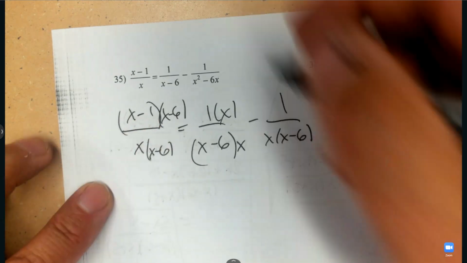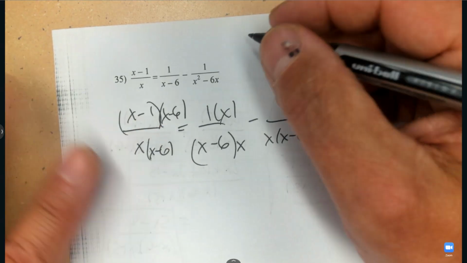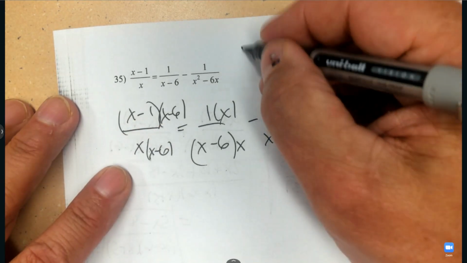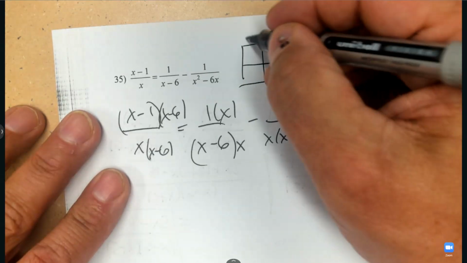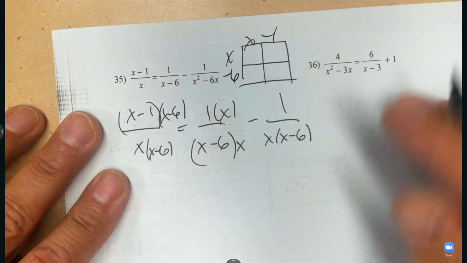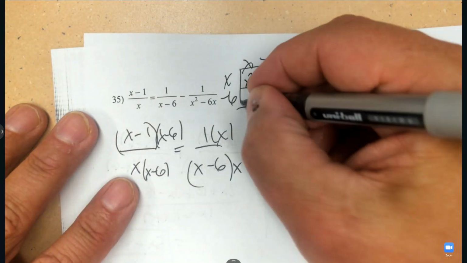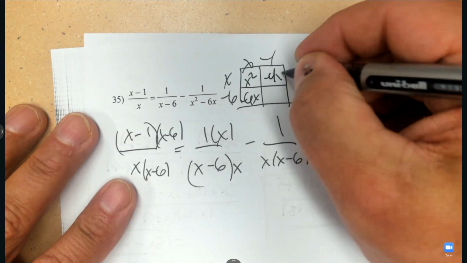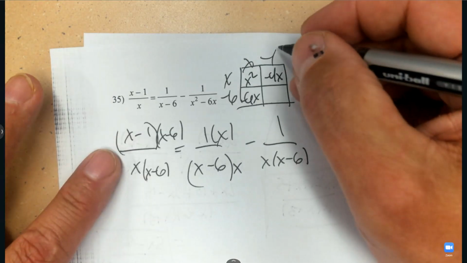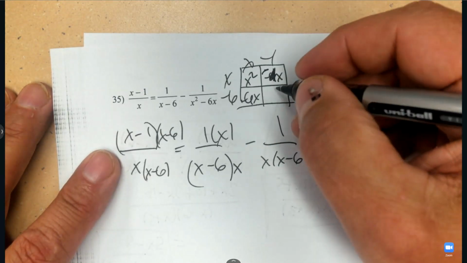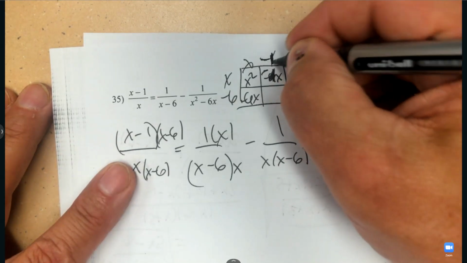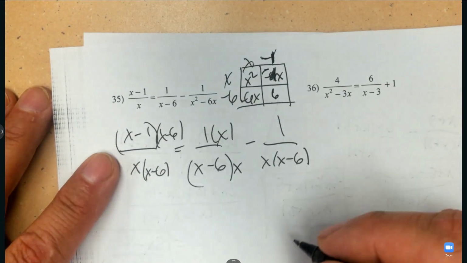Now, as I write it out, to save a little space, I'm going to FOIL the first one. So x minus 1 and x minus 6, we're going to multiply it out. That's x squared minus 6x, minus 1x, plus 6.